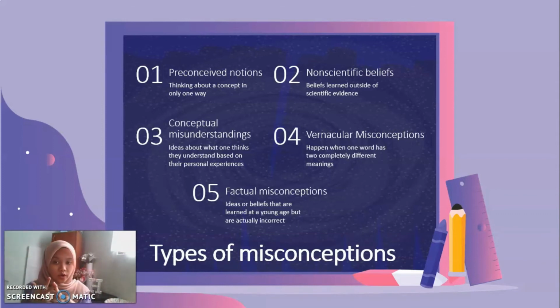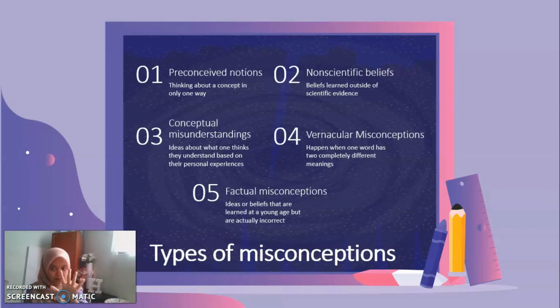The third is conceptual misunderstanding, ideas about what one thinks they understand based on their personal experience. The fourth is vernacular misconception, which happens when one word has two completely different meanings.